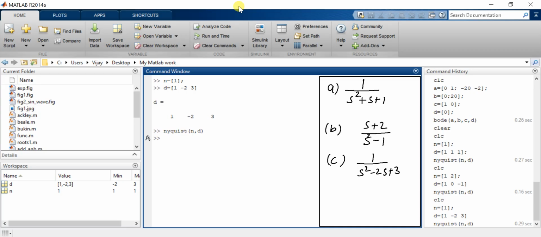So let's try to draw the Nichols chart for these particular systems. Try to code for the first one.